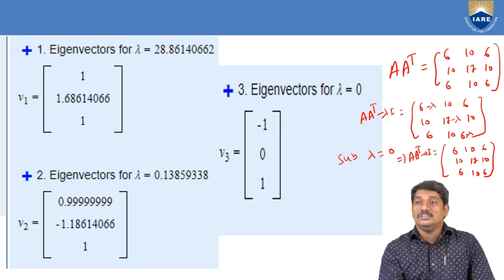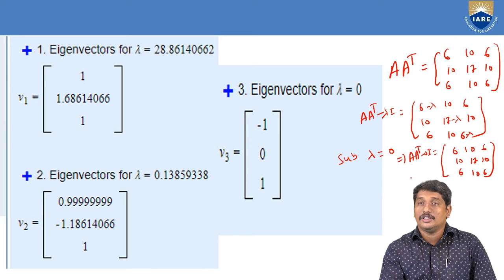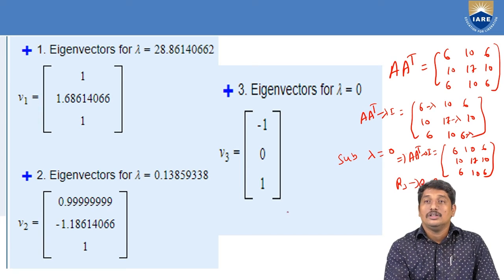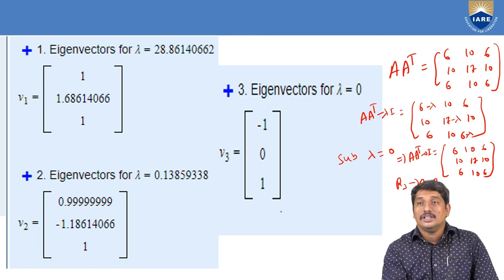So this is the matrix we are obtaining by substituting lambda is equal to 0. Now let us write the operation R3 tends to R3 minus R1. Then it becomes 6, 10, 6, 10, 17, 10, 0, 0, 0.